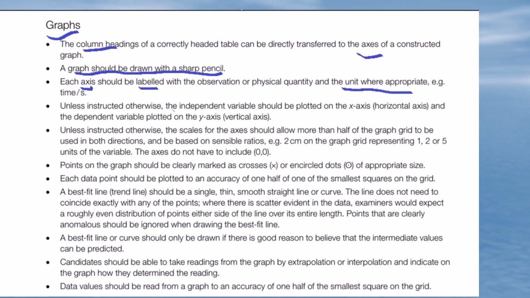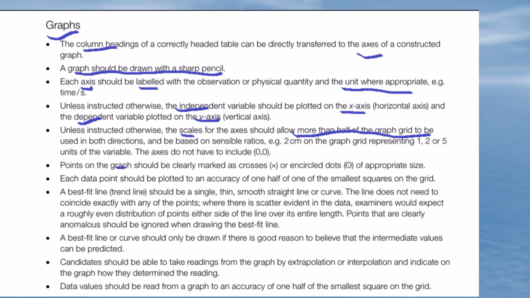Unless instructed otherwise, the independent variable should be plotted on the x-axis and the dependent variable should be plotted on the y-axis. And again, unless instructed otherwise, the scales of the axes should allow more than half of the graph grid to be used in both directions. This is quite important. I see many people draw a graph that is too small.